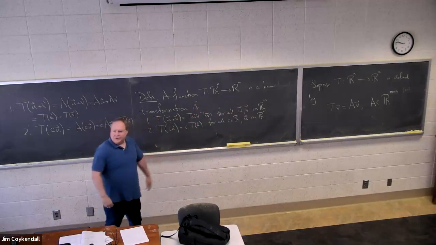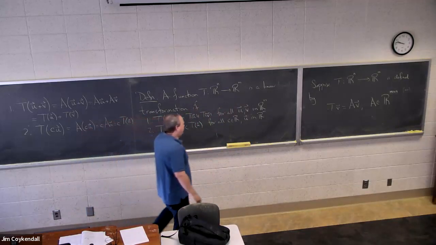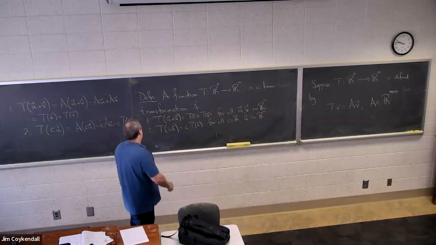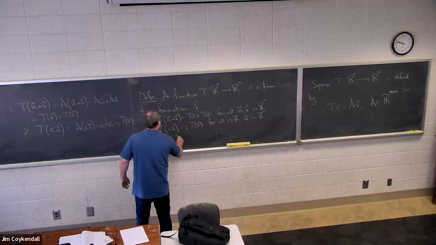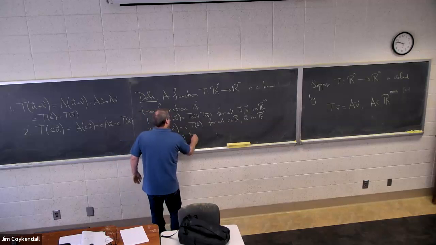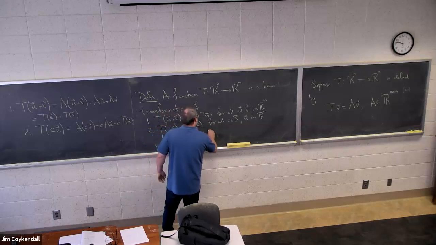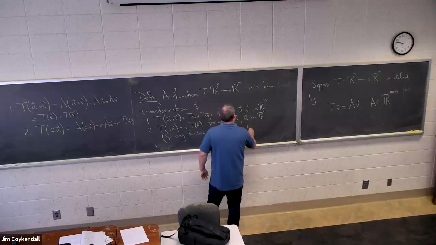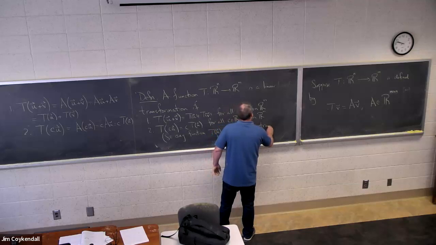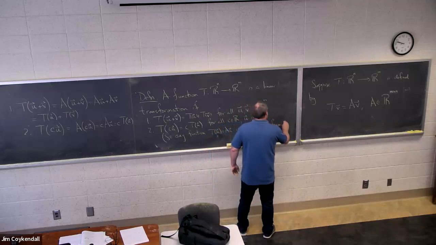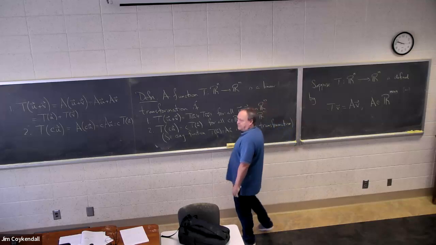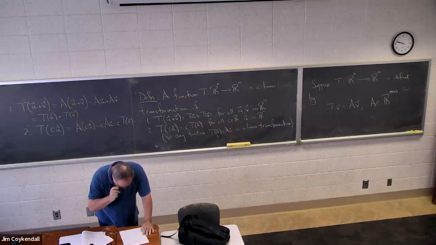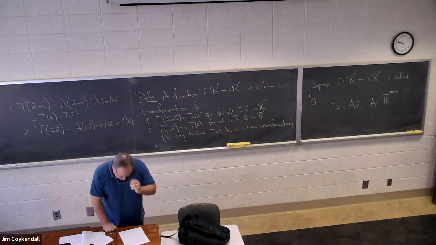So if you can break down the sums like this, and if you can pull constants out, it's a linear transformation. So any function that is obtained by multiplication by a matrix is a linear transformation. Okay. Any questions?